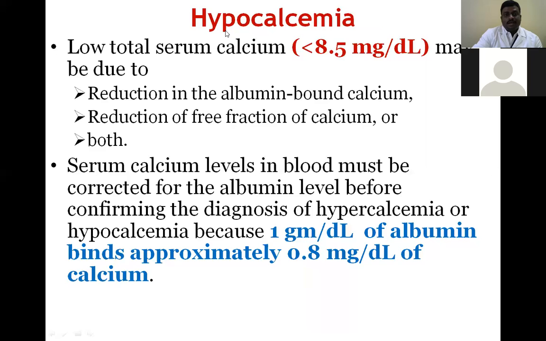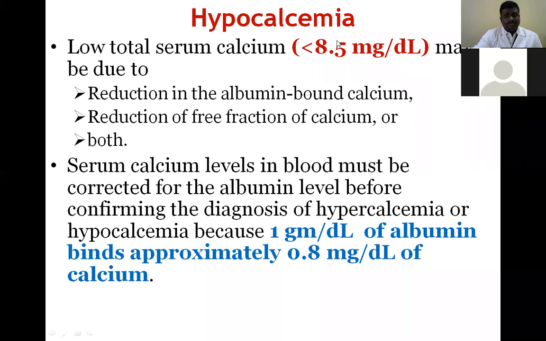Next is hypocalcemia, the calcium disorders. Calcium disorders are mainly of two types: hypocalcemia and hypercalcemia. Everyone must remember the normal range of calcium in the blood, which is 8.6 to 10.3 milligrams per deciliter. When it is less than 8.5 milligrams per deciliter, that condition is called hypocalcemia.